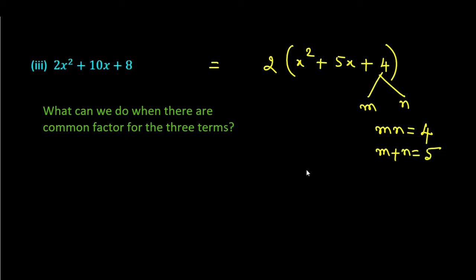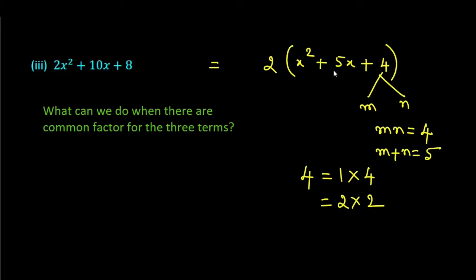Now what are the factors of 4? 4 can be written as product of two factors, 1 and 4. 1 into 4 is 4. Then 2 into 2 is 4. So we have these two possibilities.